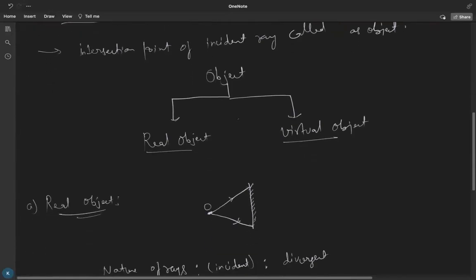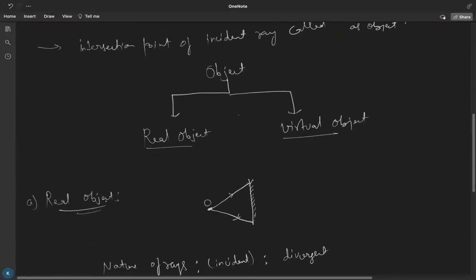A real object is the intersection point of the incident rays which is real, and the nature of the incident rays is divergent. You clearly see the rays of light diverge from the intersection point.